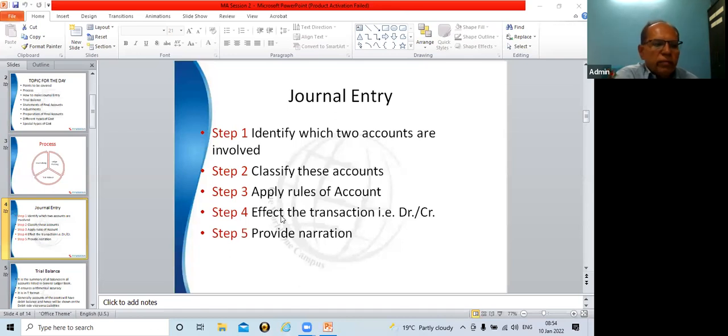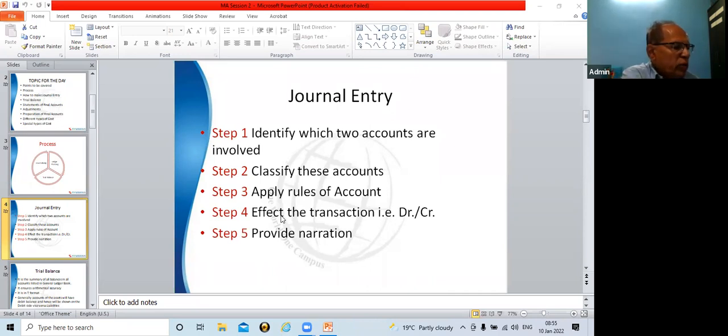Now in this transaction, we will make the journal entry. Drawing account debit rupees 1,000, because it is given to the Chief Minister Fund. To cash or bank account, because credit what goes out. Cash is going from our business, so that account will be credited.